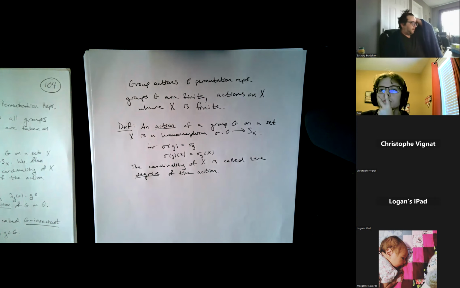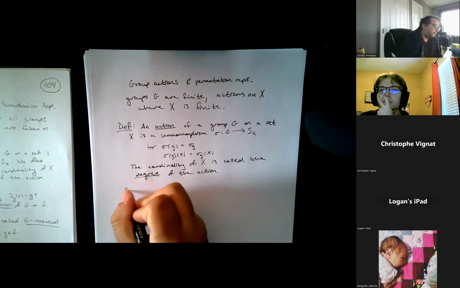So in our representation picture, the degree is the dimension of the vector space that the resulting map acts on. So here it's just the cardinality of the set, or the number of elements in the set, since we're assuming it's finite.